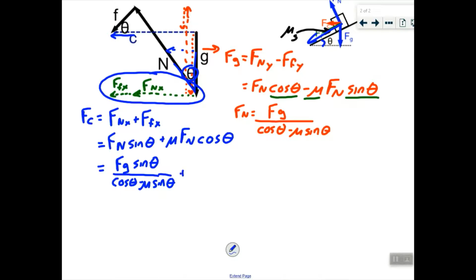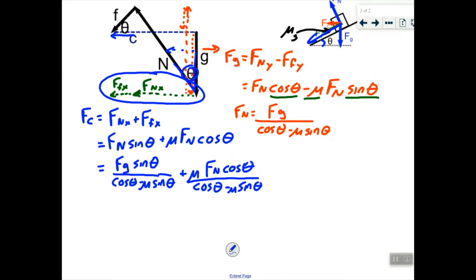My second term, mu, and then Fn I'm going to replace again with Fg over cos theta minus mu sine theta. So it's going to be Fn cos theta, that's the top, over cos theta minus mu sine theta.